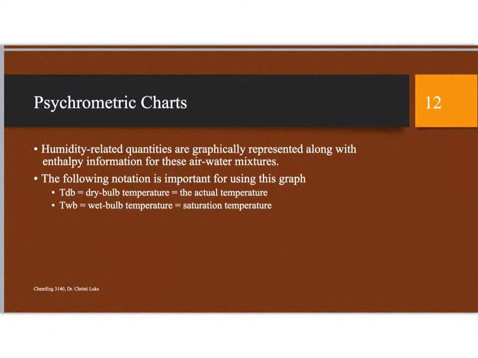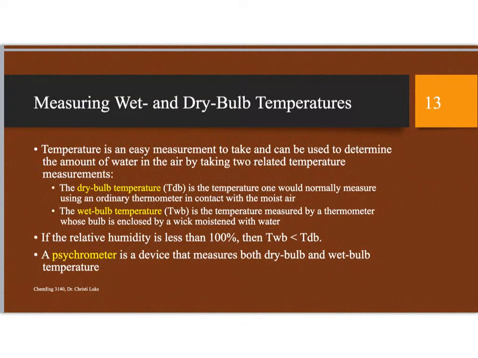So this is the saturated water temperature. When you have a relative humidity less than 100%, then the wet bulb temperature will be less than the dry bulb temperature. And as it says here, we can use a psychrometer to measure dry bulb and wet bulb temperature. And these are simpler these days than they were back in the days of sling psychrometers.